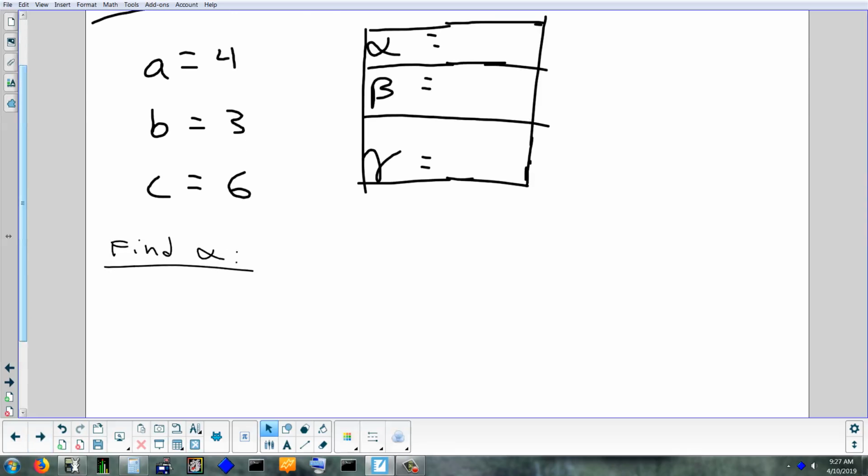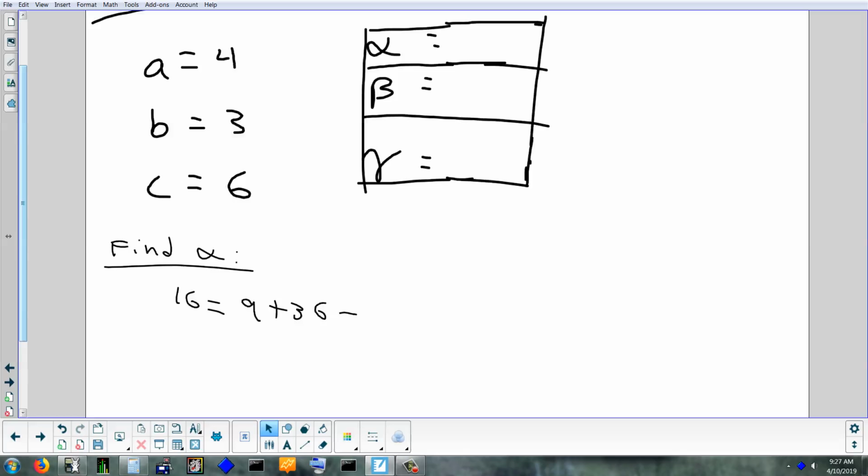Okay, how does the law of cosines start if you want to find alpha? A squared equals 3 squared plus 6 squared. All right, so a squared equals, and I'm going to do it as I go. 3 squared plus 6 squared. Okay, minus?